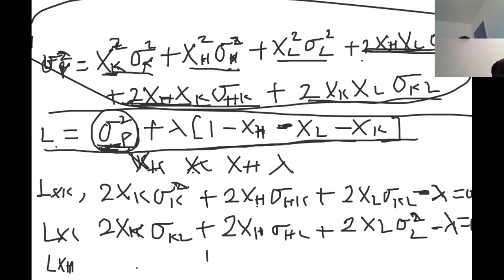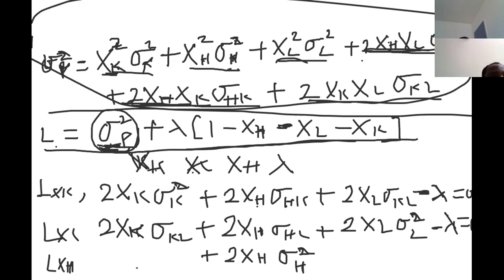So now I'm going to have 2XH and then variance of H. Now the next, this one, there's no H here. When you come to this H, you're going to give me 2XL covariance of H and L, right?